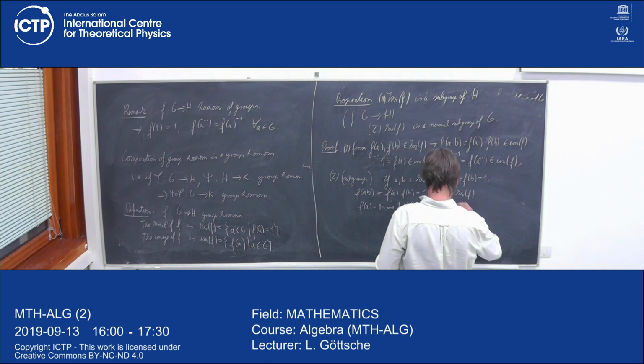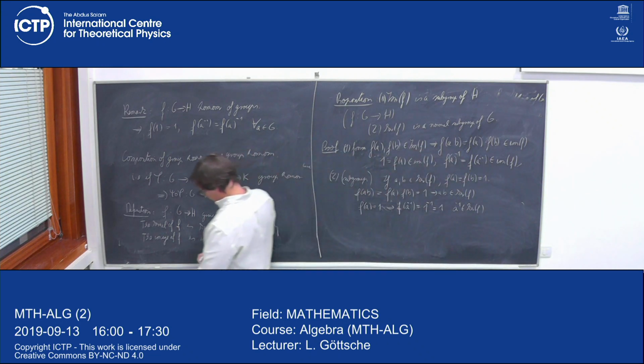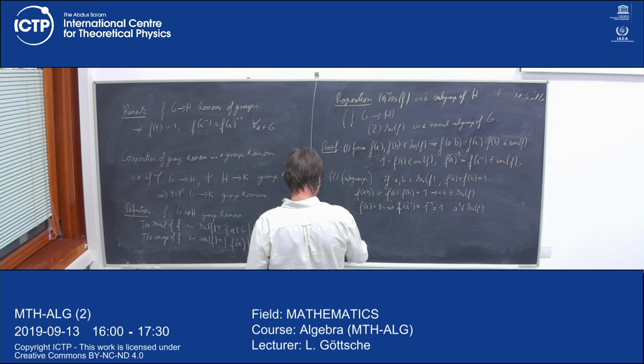And so a to the minus 1 is in the kernel. And anyway, 1 is, so it's straightforward. Now the normal subgroup.